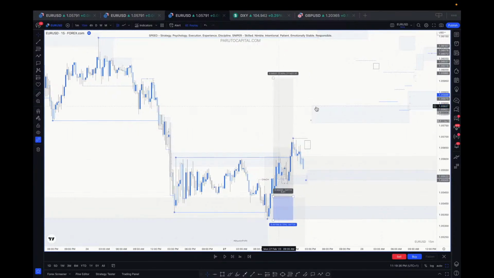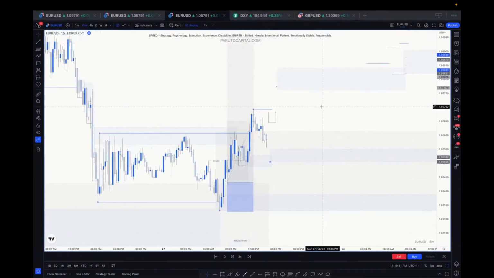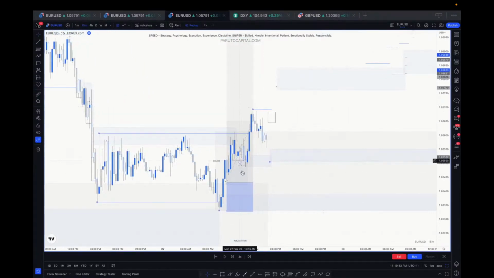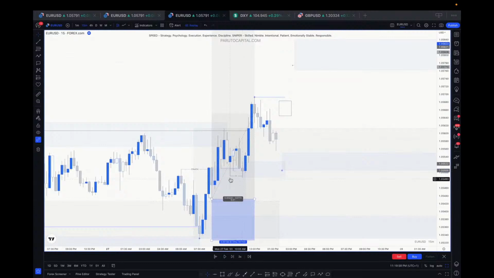Now something interesting has also happened here. If you look at this, we have some structure here. Price broke through this high, retested this 15 minutes POI, and then within this zone, if I expand this, you see that this candle low was taken out by this candle.